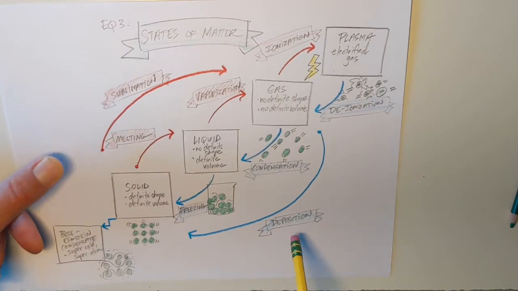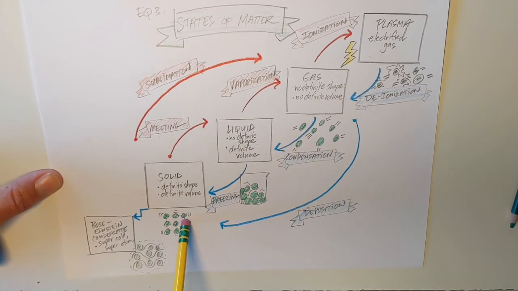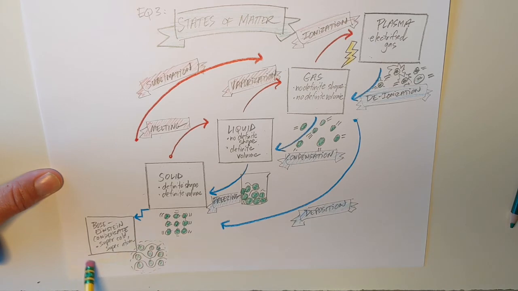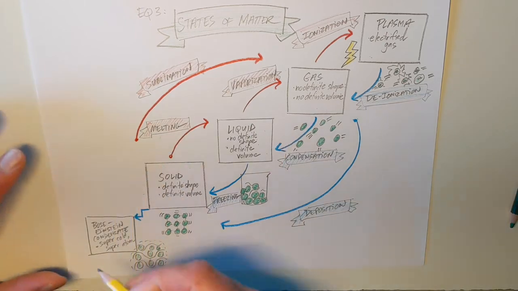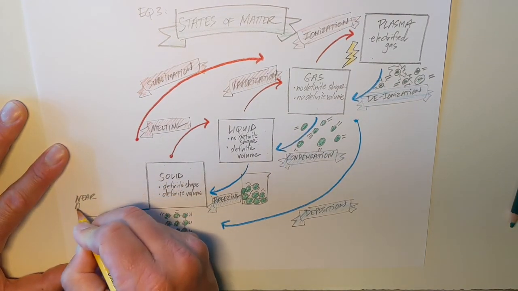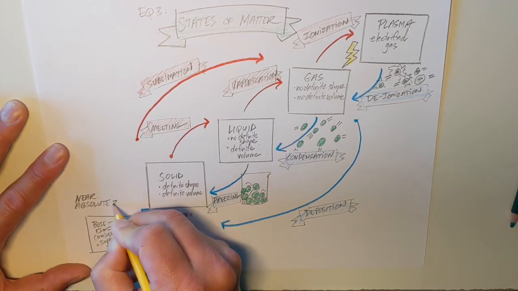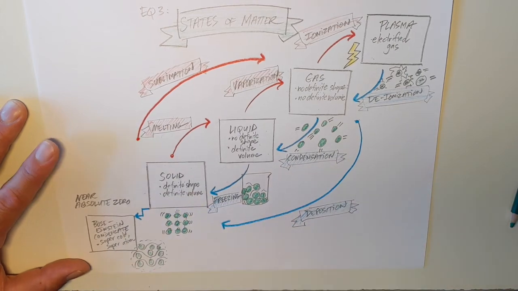Then we have this guy off to the side, the Bose-Einstein condensate. When we supercool something, we're really down near absolute zero. Maybe we need to add that. So let's just write near absolute zero, just to let us know.